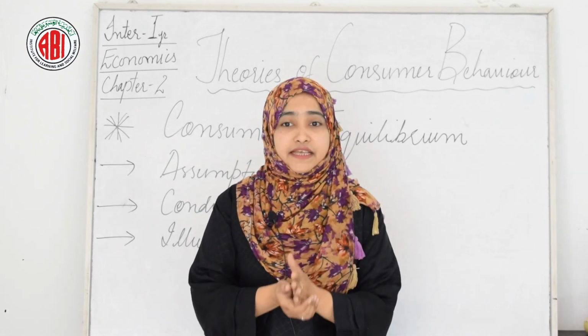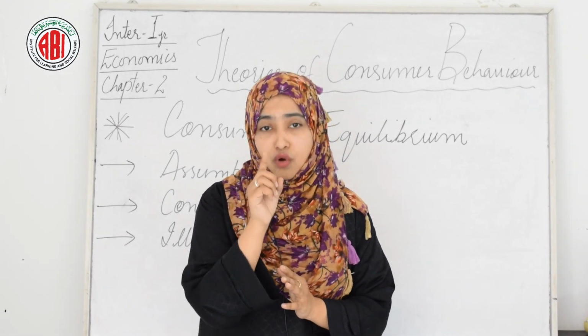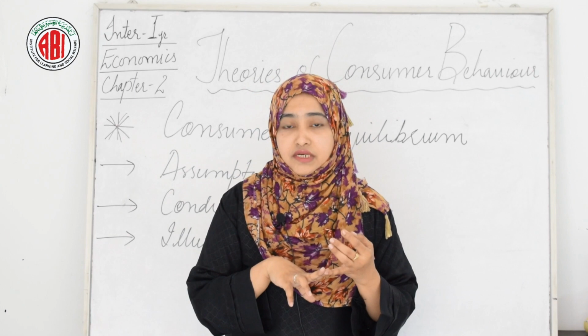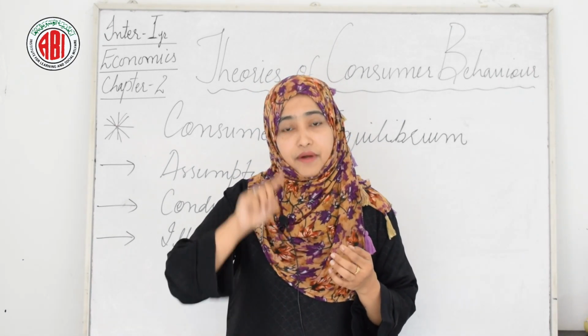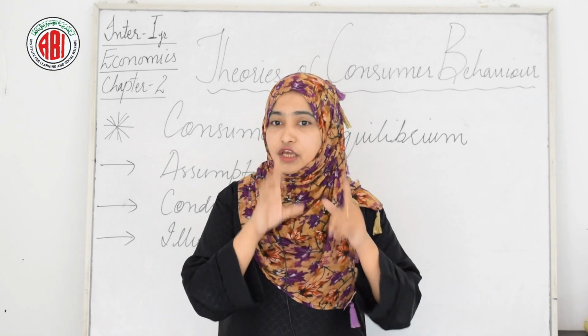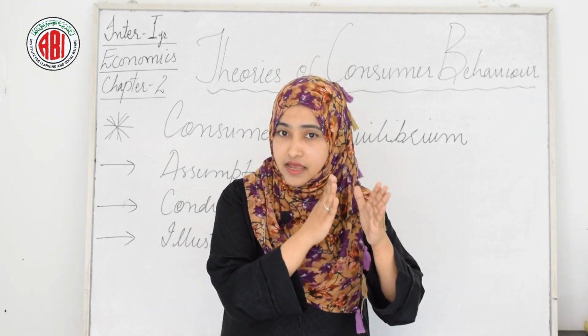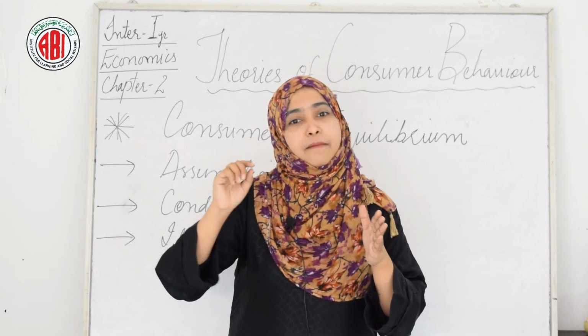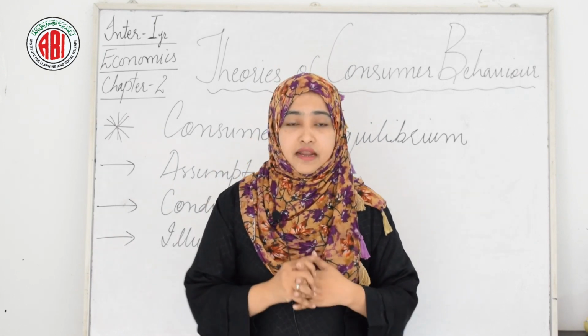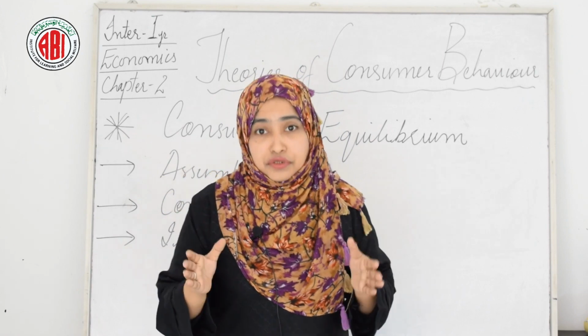The second is that at the point of equilibrium, the consumer's MRS of X and Y and the price ratio must be equal. That is, MRS XY is equal to PX divided by PY. Okay, these are the conditions of equilibrium.